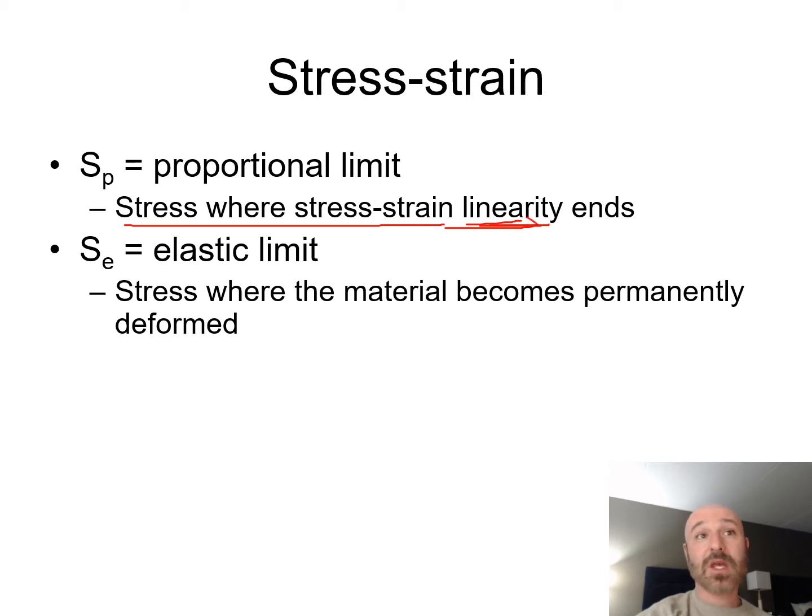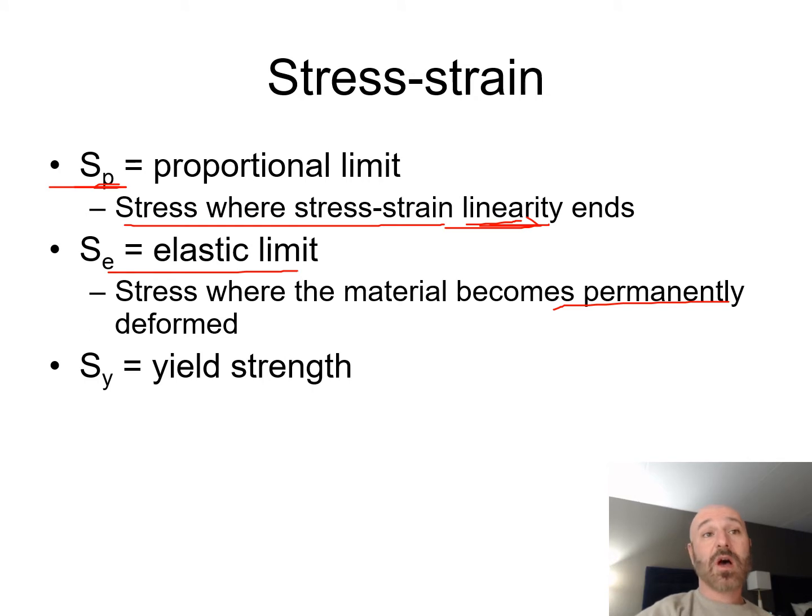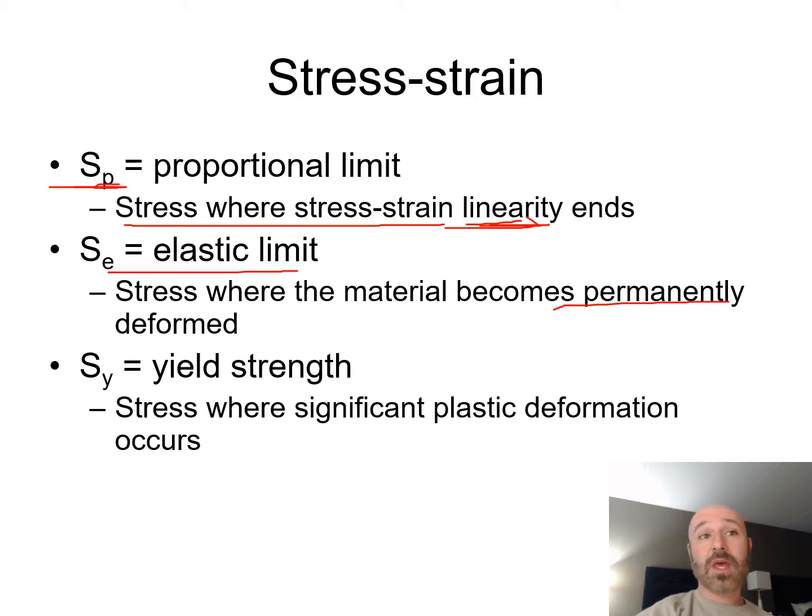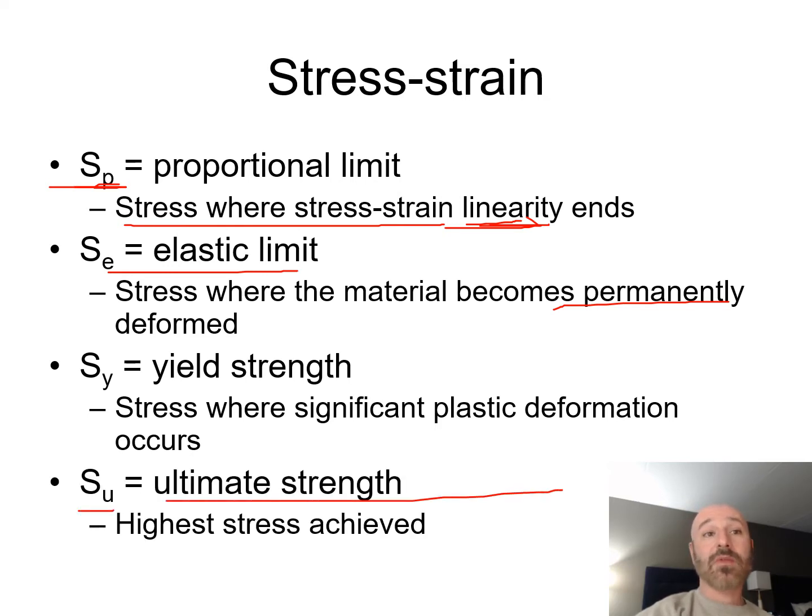Whereas SE is your elastic limit, the stress where the material becomes permanently deformed. That is different for different types of materials. SY is our yield strength, the stress where significant plastic deformation has occurred. And last, we have SU, our ultimate strength, which is the highest stress that is achieved.